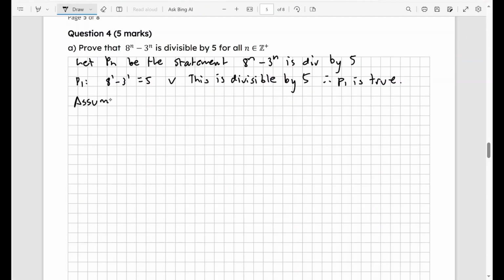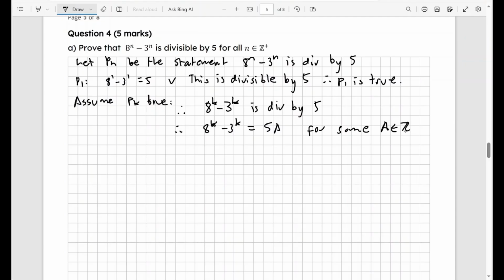Assume Pk is true. So 8 to the k take 3 to the k is divisible by 5. Therefore, 8 to the k take 3 to the k is 5a for some a in Z. Therefore, if we rearrange this, 8 to the k is 5a plus 3 to the k.